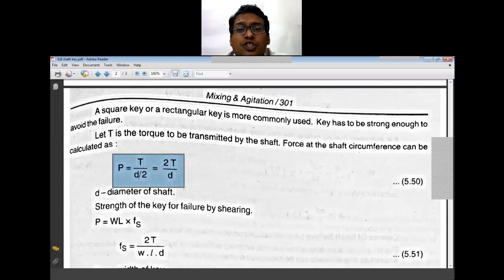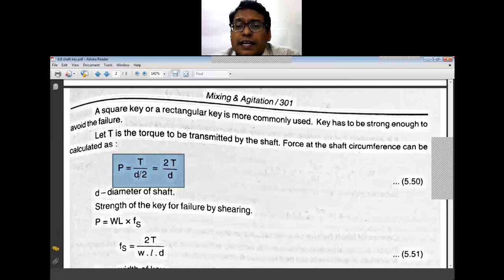So what is the actual load which is acting or transmitted on the shaft? First we have to consider that, and this load, which is nothing but P, is equal to T into D by 2.